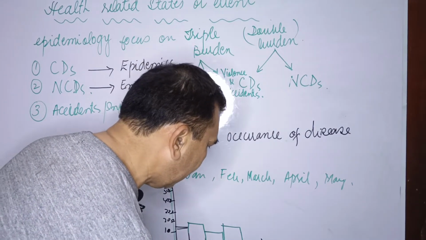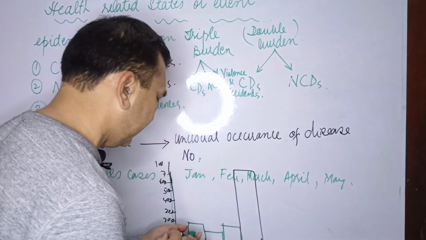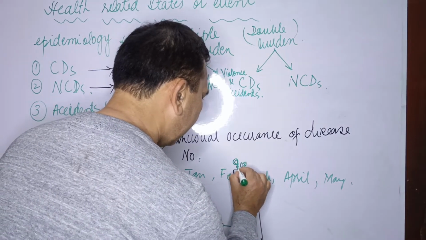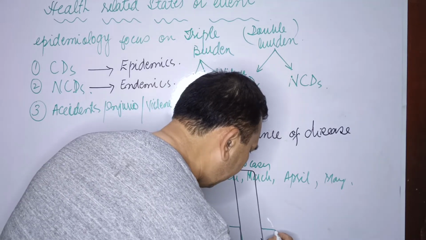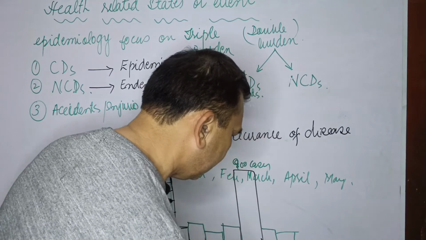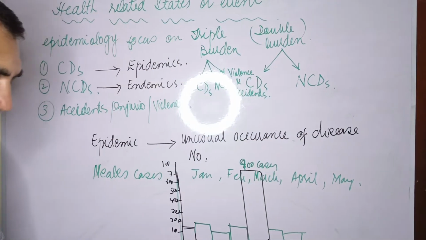But see, in the month of May it reached 800 or 900 cases, and again in June it came back down to 100, and in July it is again 100 and 200.